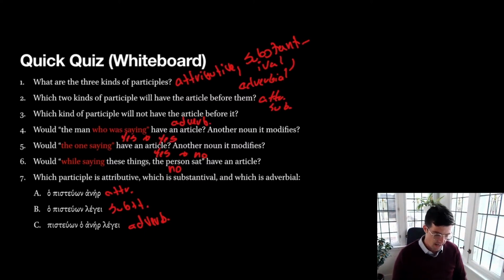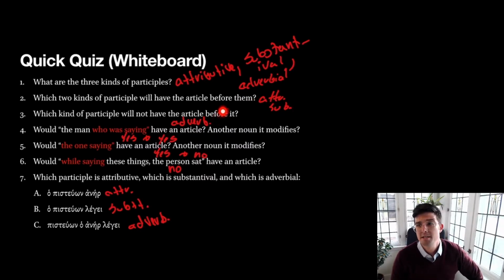These are our answers. So we have three different kinds of participles: an attributive, a substantival, and an adverbial. The first two are a subcategory of adjectival participles, because participles take things from adjectives and things from verbs. Which two kinds of participles will have the article before them? Those that are adjectival, namely the attributive and the substantival participles.